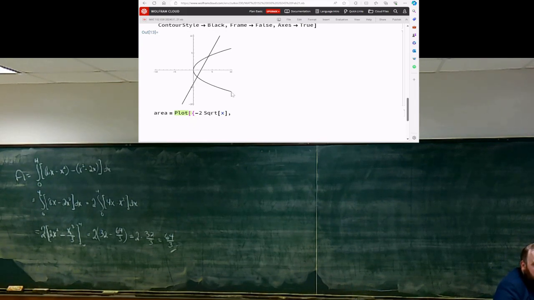The 2 curves you get from y squared equals 4x: negative 2 root x and 2 root x. Which of those 2 gives you the lower curve?